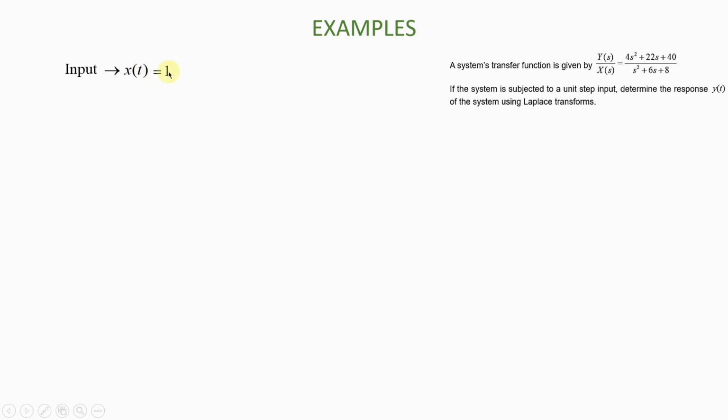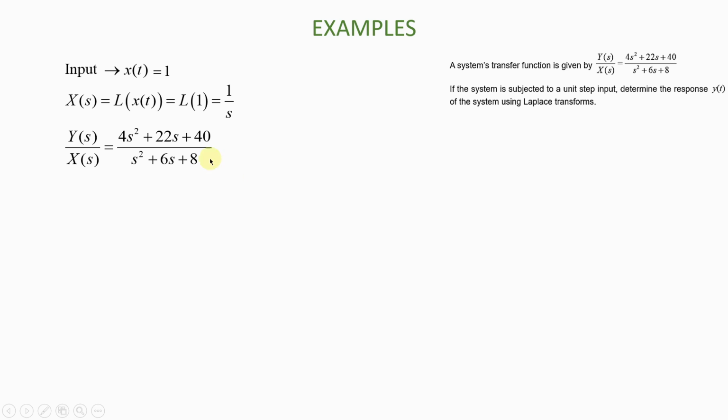Now that we know that xt is equal to 1, we can find xs. Capital XS is the Laplace transform of xt. So xt is 1, and the Laplace transform of 1 is just 1 over s. Very easy. So now we know that xs is equal to 1 over s. Now, this transfer function that we have here involves xs, but we do know the value of xs: it's 1 over s.